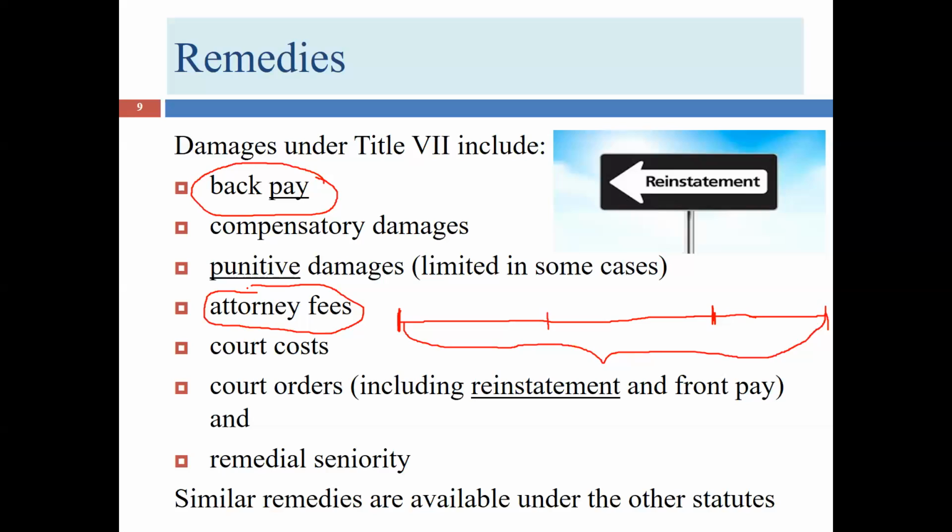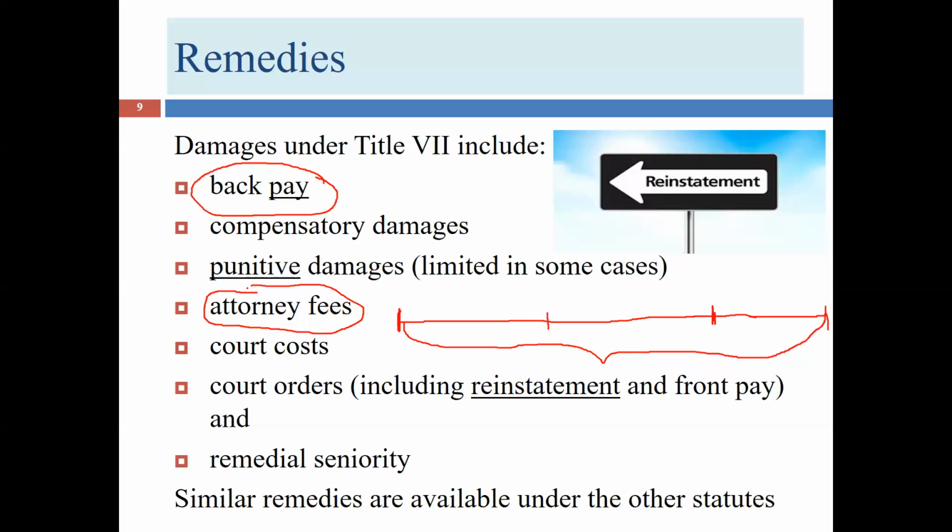In the vast majority of cases, that will be the rule in the United States. That's why it's called the American rule. But there are a few times where the law has deviated from that, usually as a result of a statute. Here we have statutes that are kind of a one-sided English rule. When the plaintiff in one of these cases wins, then the defendant, the former employer, pays its own attorney's fees and the plaintiff's attorney's fees.